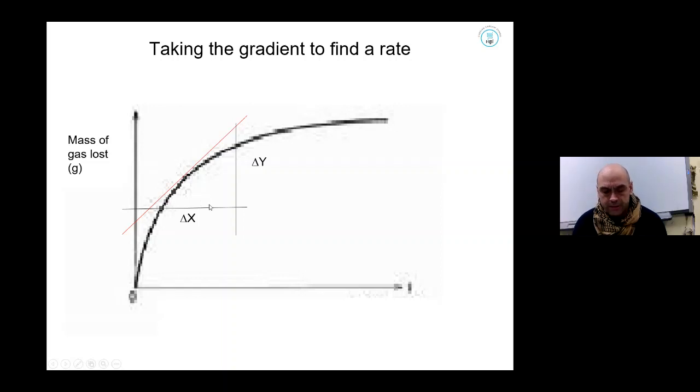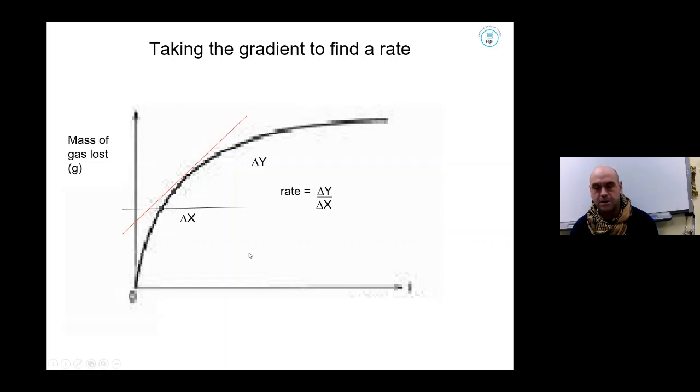Now, I always tell my students, when you take your tangent, don't make a small tangent, make it big. Make it as big as you can, and also try and get it to line up on points on the axes that make it easy to work out your delta y and delta x. So if we want to work out our rates, we've got delta y over delta x.